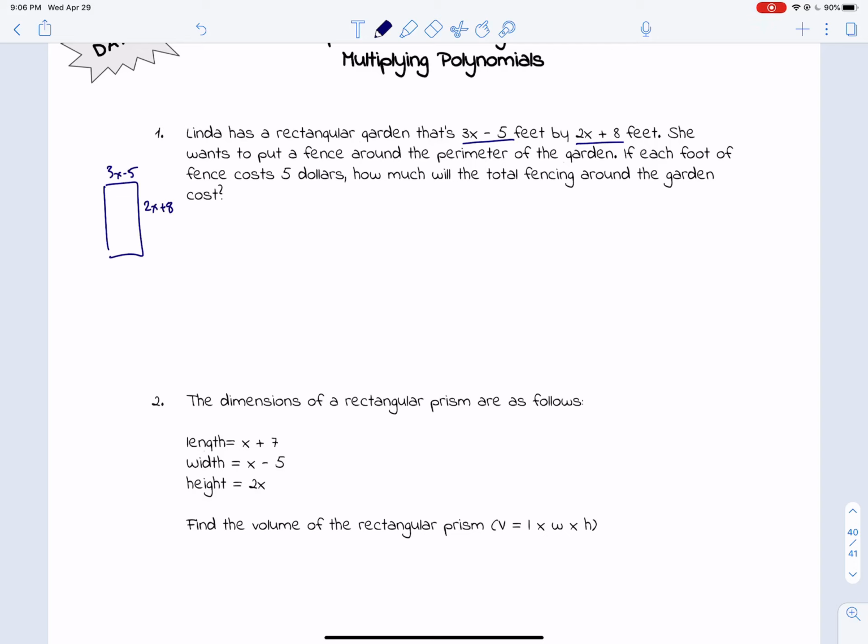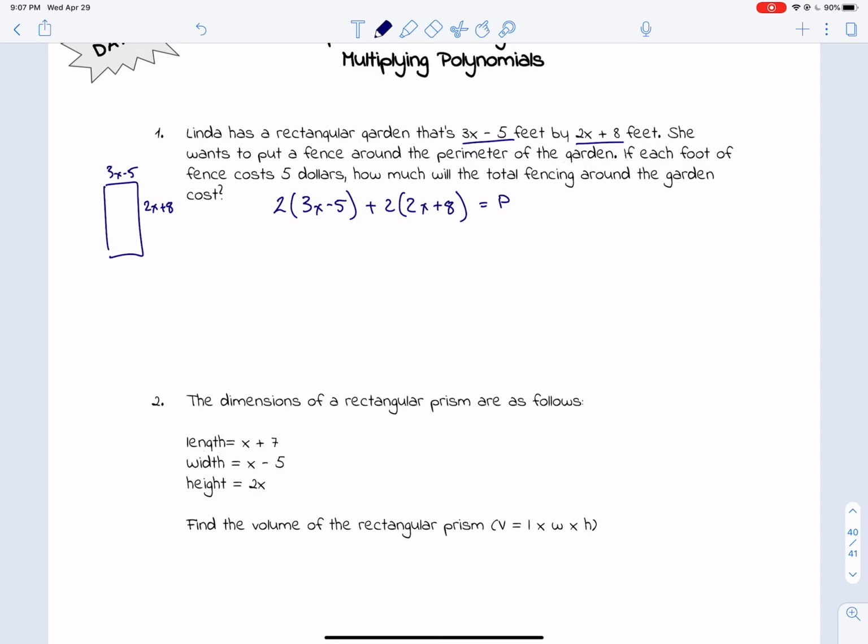Okay, so perimeter, it's distance around. So I could write it as an expression, 2 times each side, and then add those together. 2 times 3x minus 5 plus 2 times 2x plus 8. And that's the perimeter.